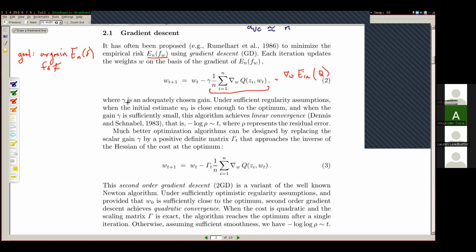This gamma value right here is a scalar. In the paper right here, they call it a gain. But gamma is a scalar, and it also has a bunch of other names. The most popular one these days is the learning rate of your algorithm.